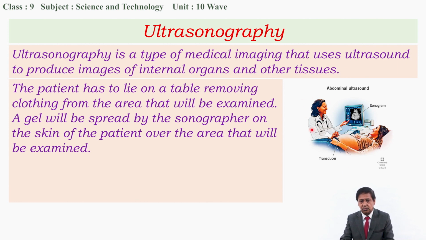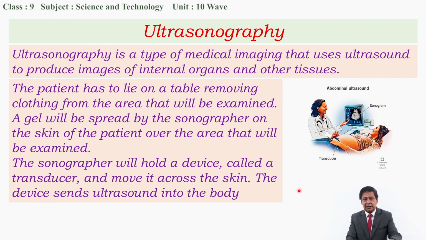This is called a sonographer, maybe a doctor, or maybe just the assistant of the doctor, who is doing the sonography. The gel will be applied on the skin of the patient over the area that will be examined. The sonographer will hold a device called a transducer and move it across the skin.